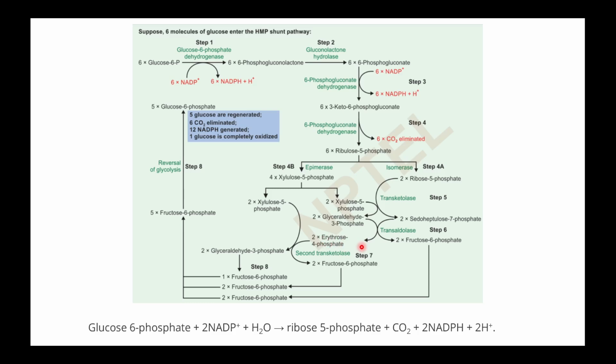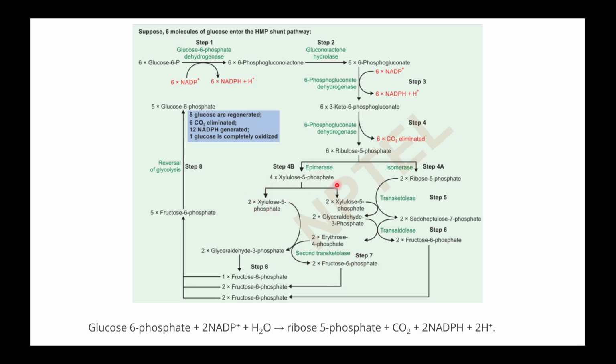Now this fructose 6-phosphate can get converted into fructose 1,6 bisphosphate, and basically it can enter both glycolysis and gluconeogenesis. And the erythrose 4-phosphate that we had will again have a second transketolation reaction by a second transketolase enzyme.